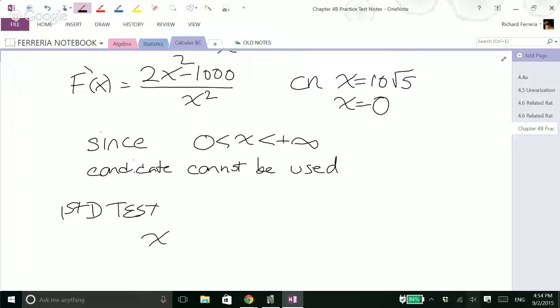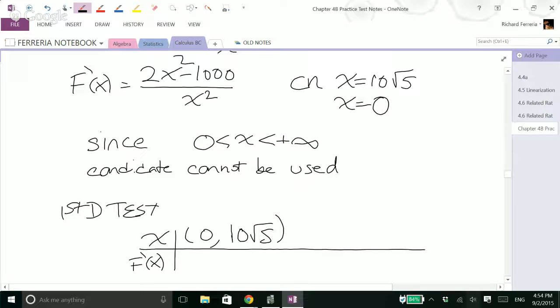F prime of x: we go from 0 to 10 root 5, and then 10 root 5 to positive. Let's get a number from 0 to 10 root 5. 1's a good one. 2 times 1 is 2, 2 minus 1,000 is negative.